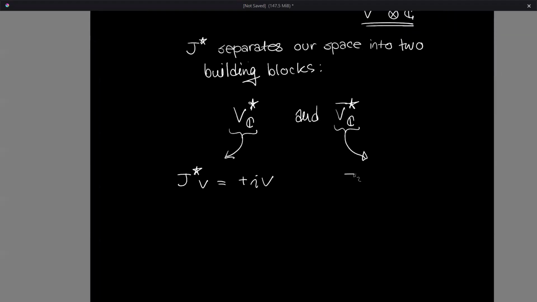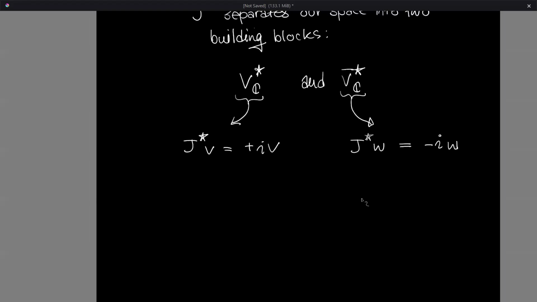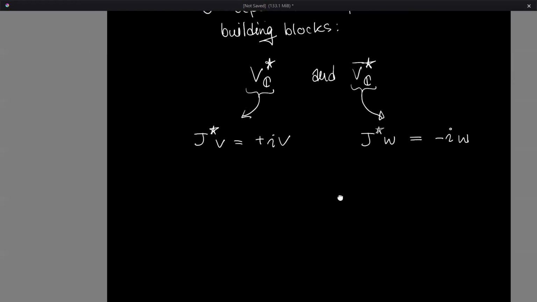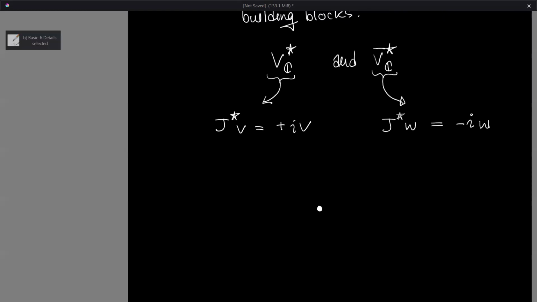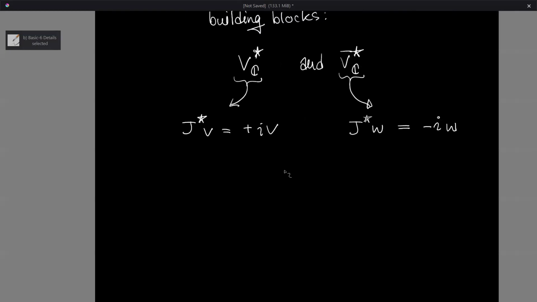Analogously, this is when J star is acting on W, then this should give us minus i times W. So these are the two eigenspaces of J star, and we're going to be able to use these to break up V star tensor C into two building blocks. That's going to give us the whole of V star tensor C again.